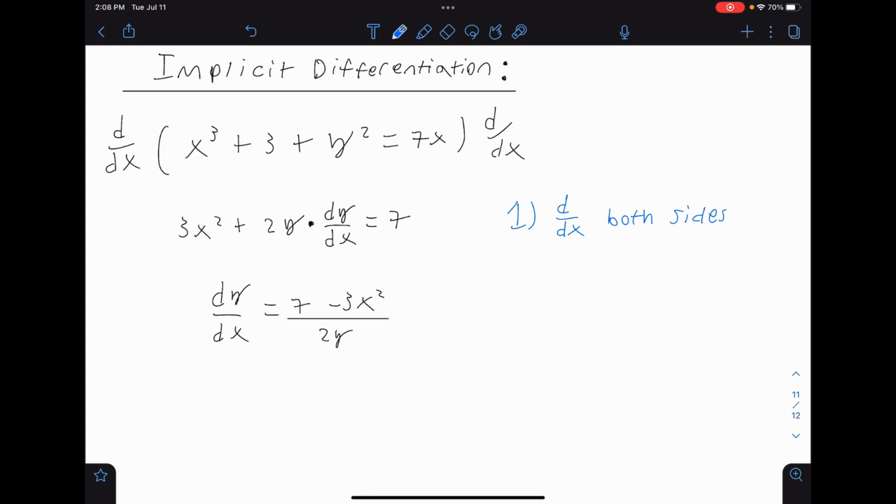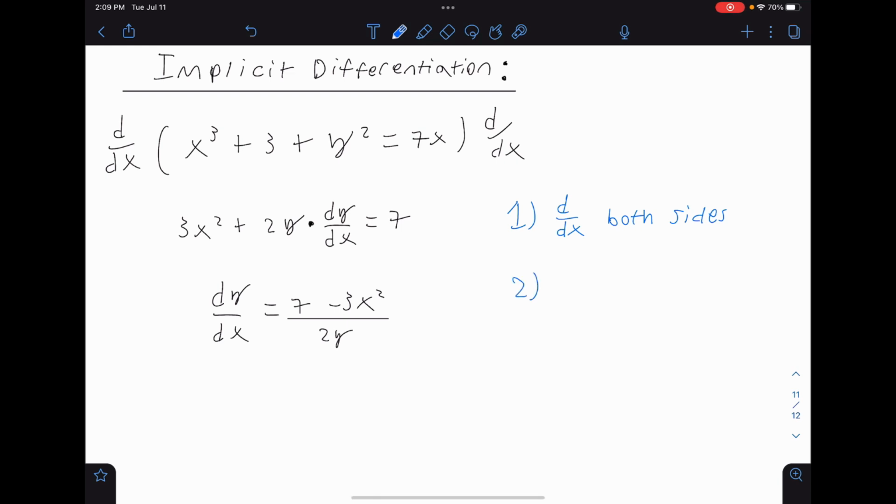They look a lot different from your normal derivative questions because you're going to see a y term in there, or even a couple y terms in your equation, and it's going to send alarm bells ringing in your head saying implicit differentiation. Once you figure out that you have to use implicit differentiation, you take the derivative of both sides.